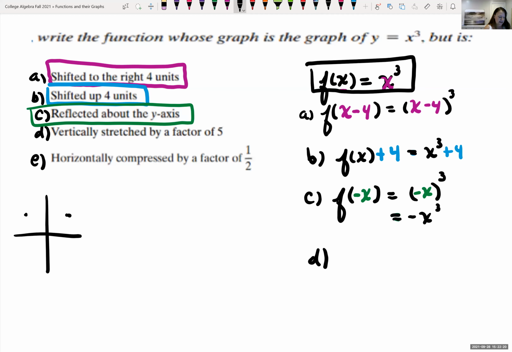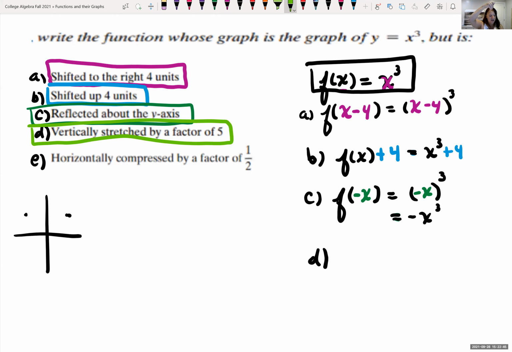So part D asks us to look at our graph of y equals x cubed, but this time we want to vertically stretch by a factor of 5. If I'm vertically stretching it, I'm stretching it up.